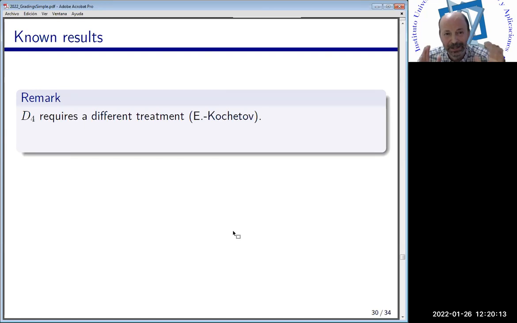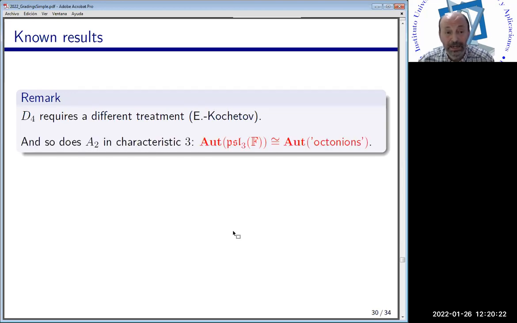Essentially, everything I've done of gradings on Lie algebras has been done with my colleague Misha Koshetov. And also, and this is how I met Koshetov, there is an exception in characteristic 3. When one studies simple Lie algebras of type A2 in characteristic 3, what happens is that the group scheme of automorphisms of the split simple Lie algebra of type A2 is not connected to the group scheme of automorphisms of matrices, but is connected to the group scheme of automorphisms of octonions.